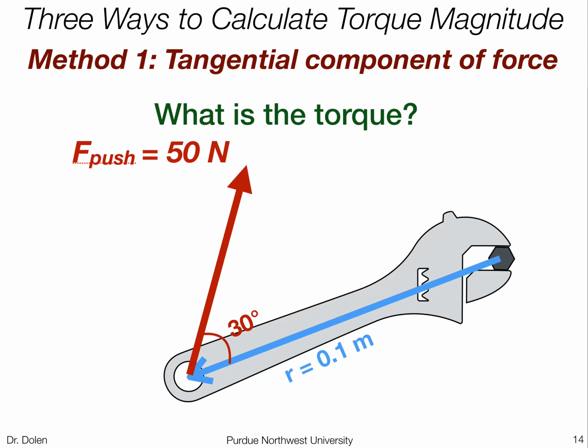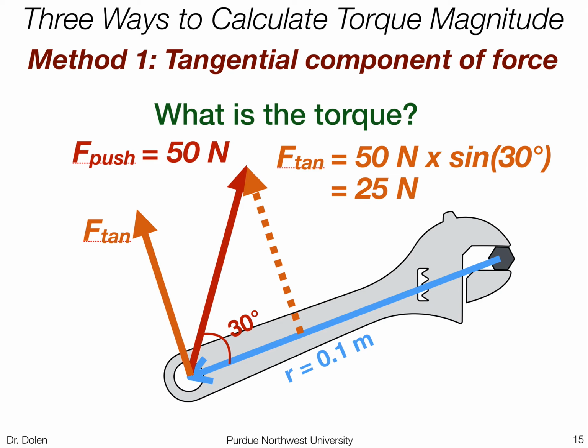First we have to calculate the tangential component of the force. This is the tangential component, and I can move this vector around, over here, so it makes it easier to calculate the magnitude of that component. I can see that this component is opposite my angle, so I can use sine.